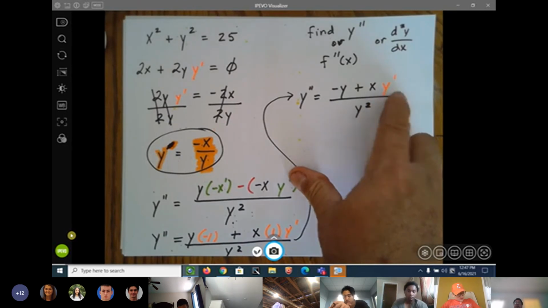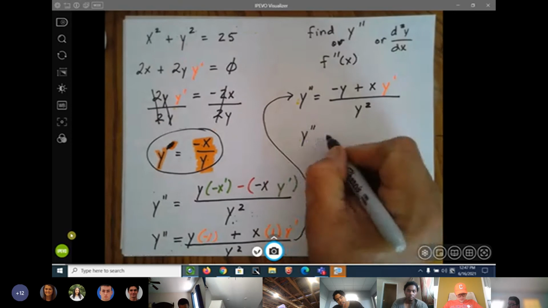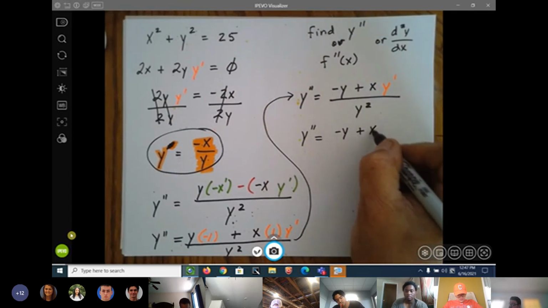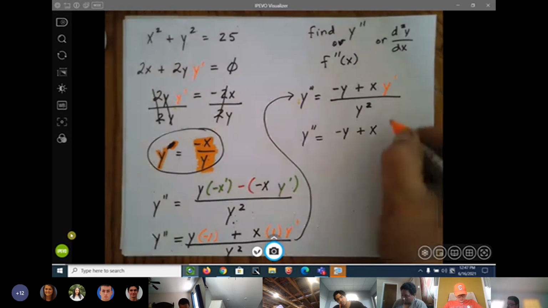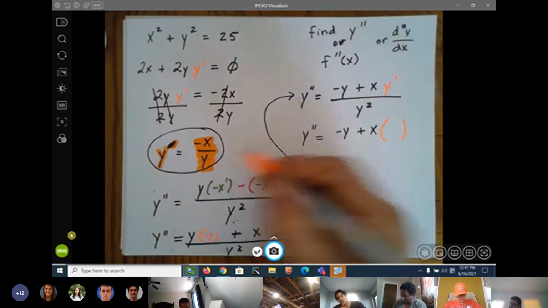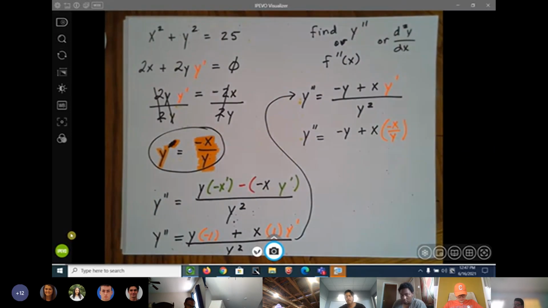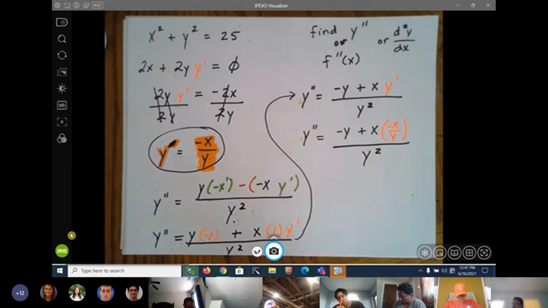So I'm going to take my handy dandy y double prime is equal to negative y plus x, parentheses, negative x over y, all that divided by y squared.